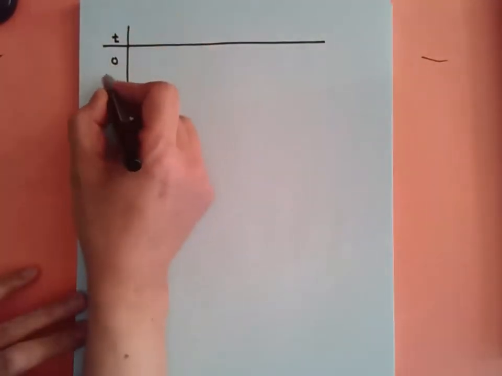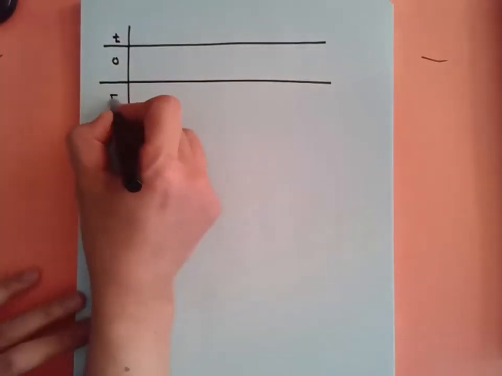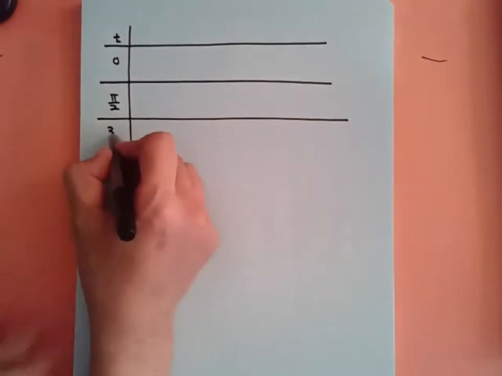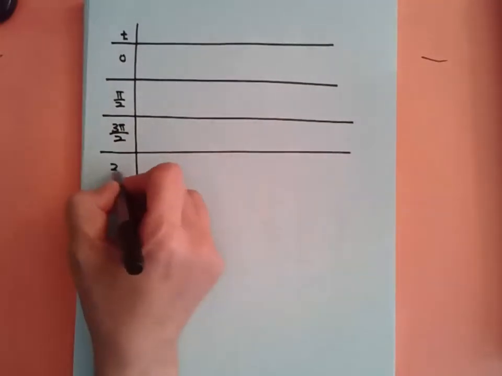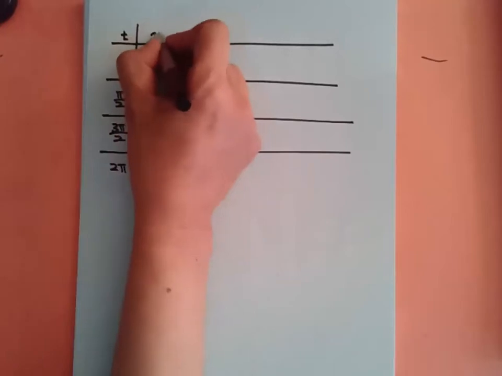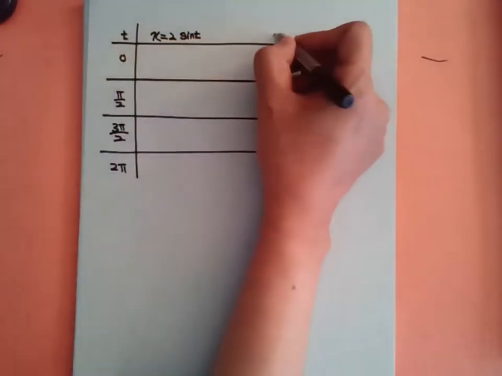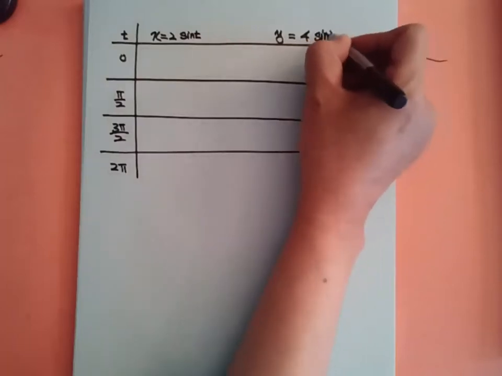Let's evaluate in one cycle of sine. So x equals 2 sine of t and y equals 4 sine squared of t.